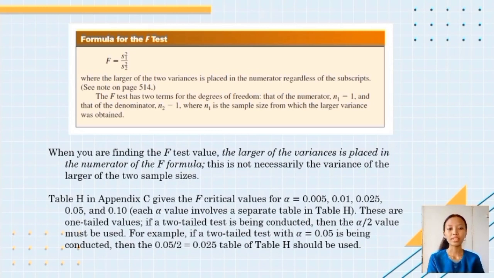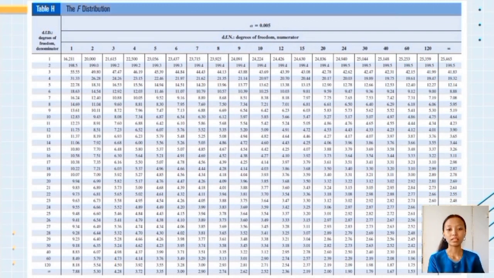Table H in Appendix C gives the F critical values for the significance levels of 0.005, 0.01, 0.025, 0.05, and 0.10. Each significance level value involves a separate table in Table H. I will show you this table in the next slides. These are one-tailed values.